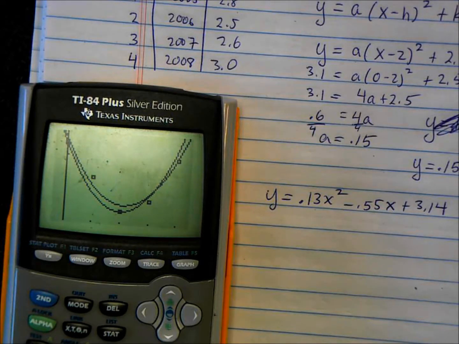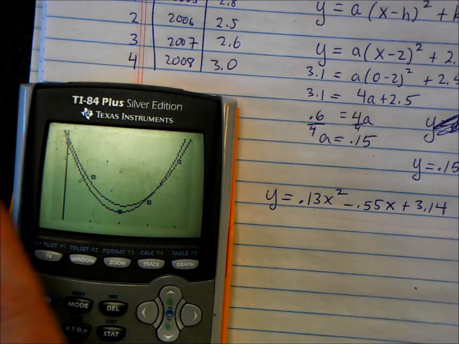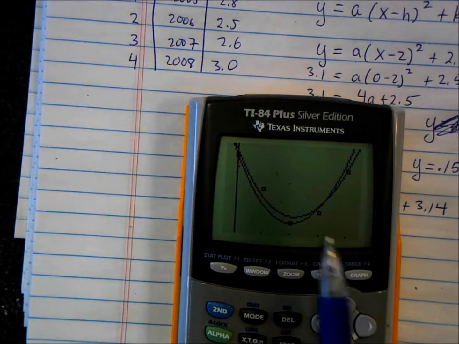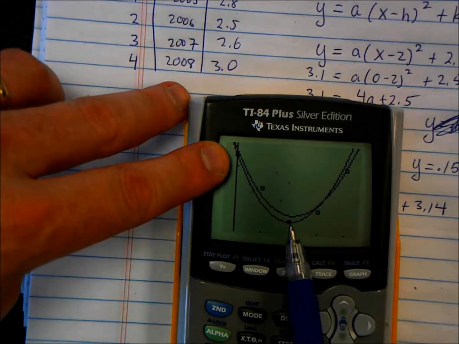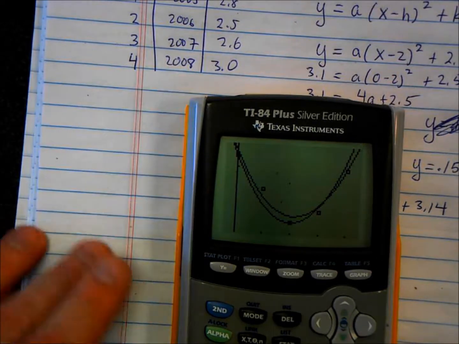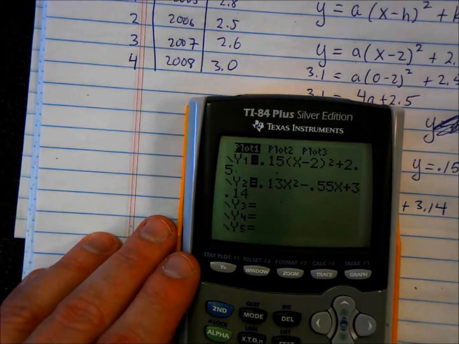Is that equation better than the first one or worse than the first one? It's kind of better, it's kind of worse. In the sense that the first one that we did, when we did it by hand, it hit 2 points exactly. The new one that we found, let me just graph the new one here.